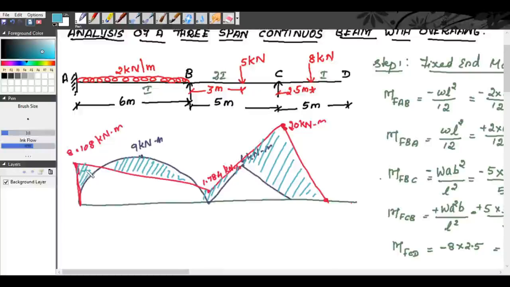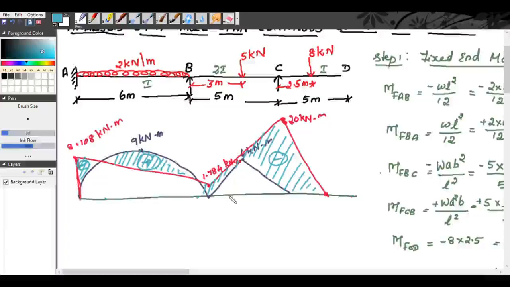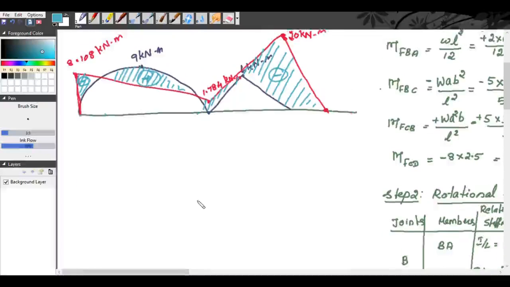Here there is negative bending moment, then positive bending moment, then negative bending moment. So from this point to this point we will have hogging. Then from this to this we have sagging. And from this to everywhere it is hogging.